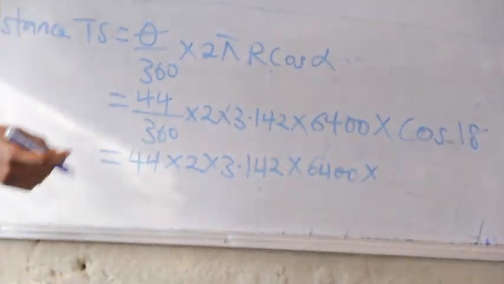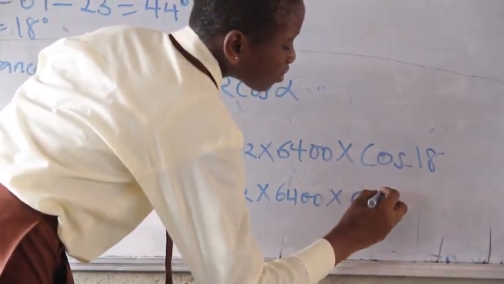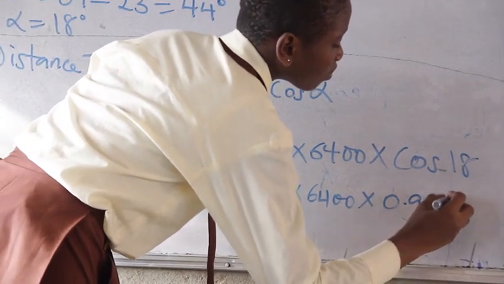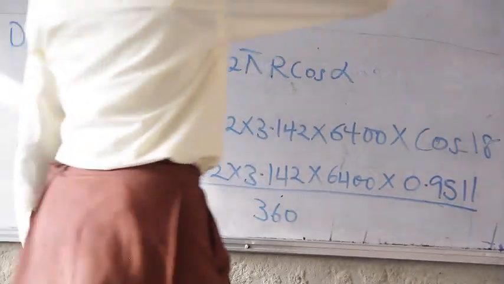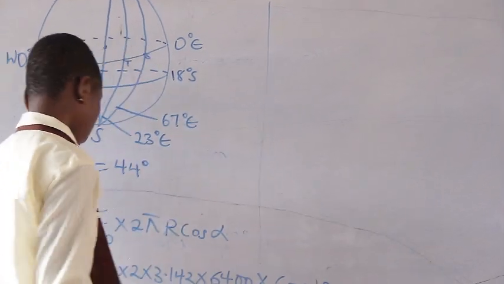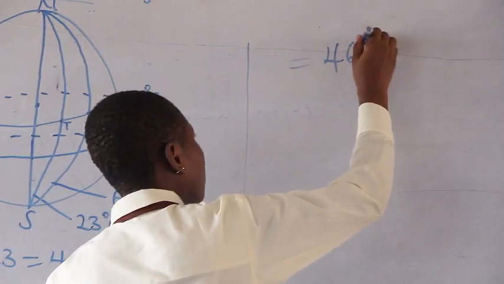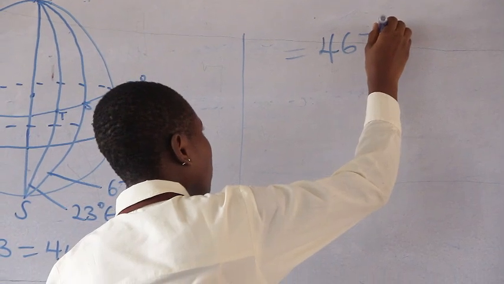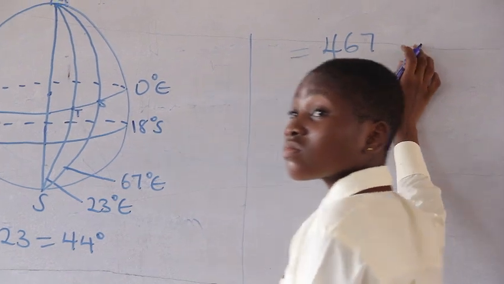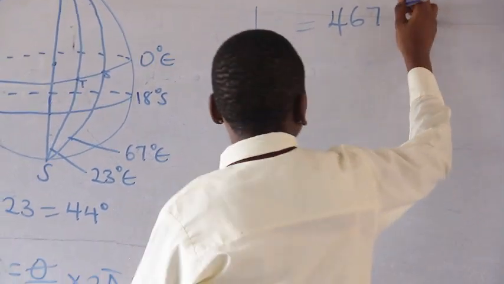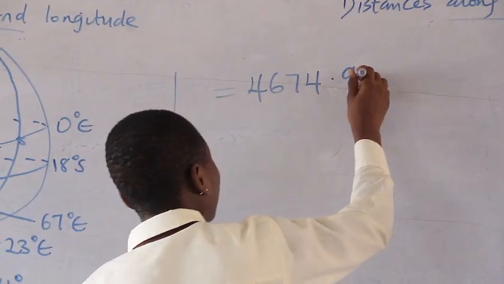Cos 18, what's the value? 0.9511. Okay, all over 360. Please help us multiply and divide the result. 4674 point what? 9 kilometer.